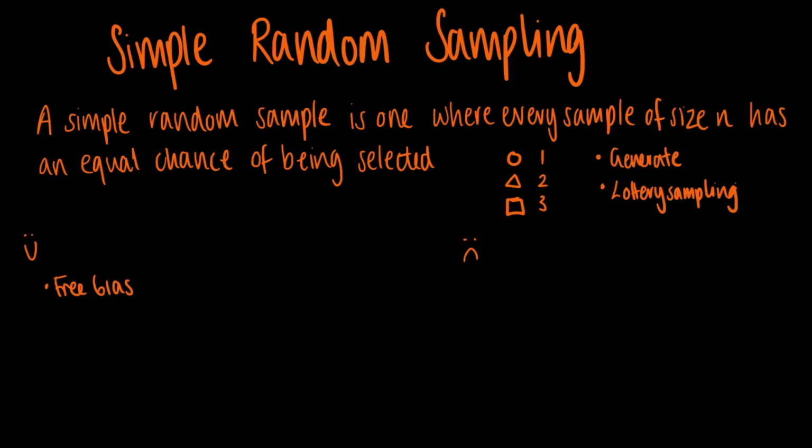An advantage of simple random sampling is that it is free of bias, and this is because every sample of size n has an equal chance of being selected. However, a disadvantage of simple random sampling is that it can't be used for a large population size, because if your sample is of size 1,000, then it would be hard to label every single one and generate this all manually.